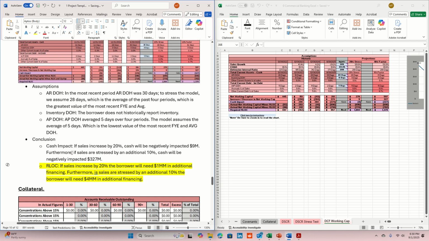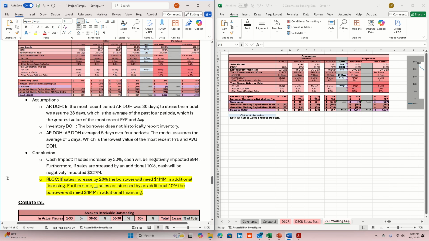Good. Revolving line of credit. If sales increase by 20%, the borrower will need $1 million. And as we see right here, that corresponds. If you have something different, remember, just put 3 mil or 8 mil or whatever you have. I have 1 million, so I'm going to leave it.